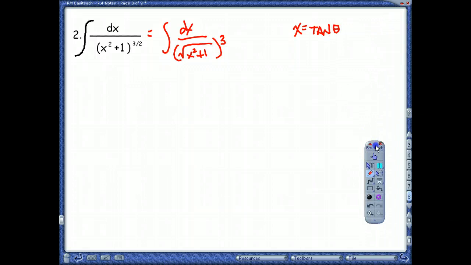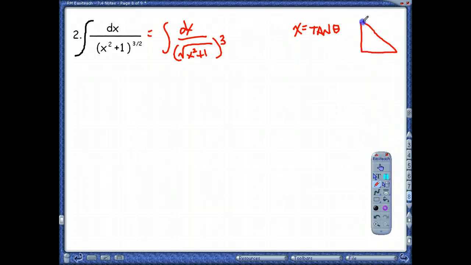When I set up my little triangle, it's already solved for my trig function, so tangent theta is going to equal opposite over adjacent, which in this case would be x over 1. And then my missing side is the square root of x squared plus 1. So if I'm going to let x equal tangent of theta, then I have to find out what dx is going to equal.